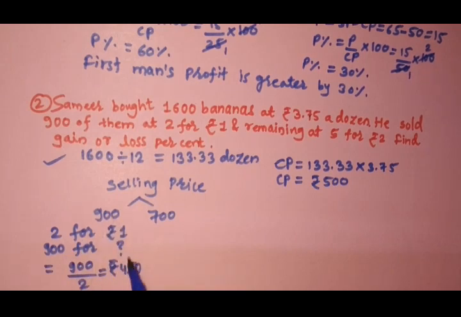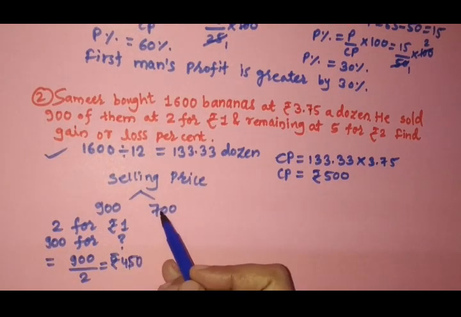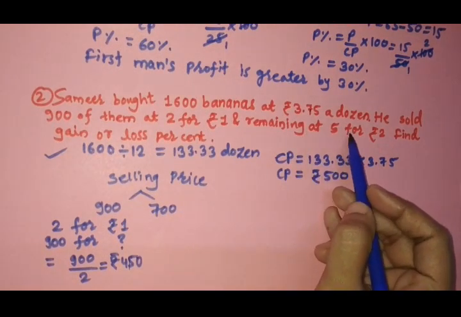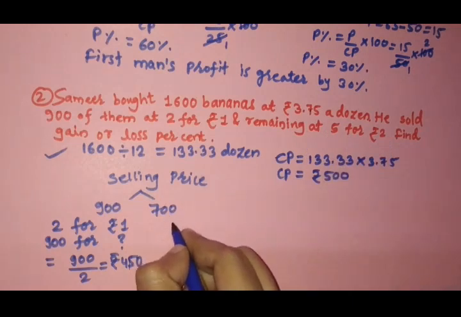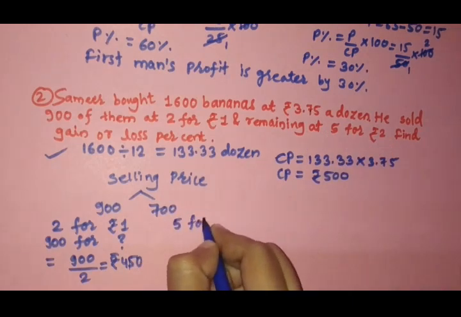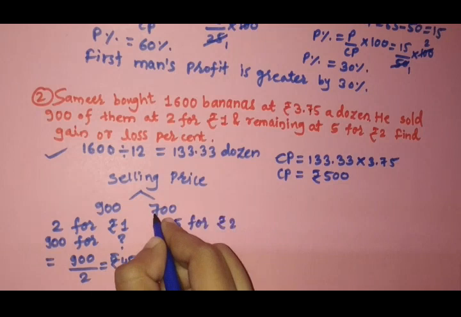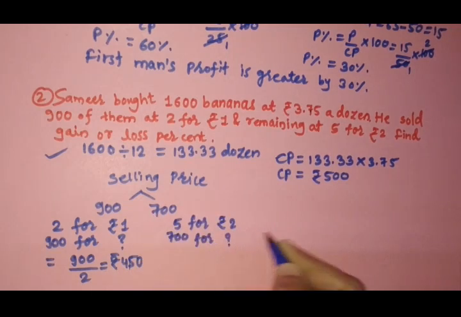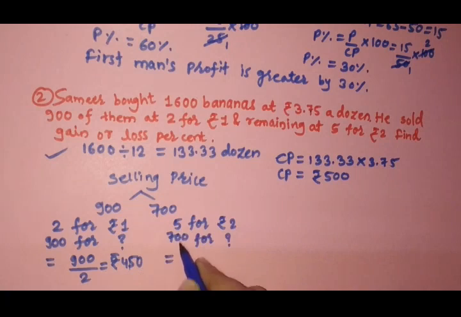This is for the 900. Now the remaining 700, which he is selling at 5 for rupees 2, so for 700 how much? You can take 700 multiplied by 2 divided by 5. So here you get 280.